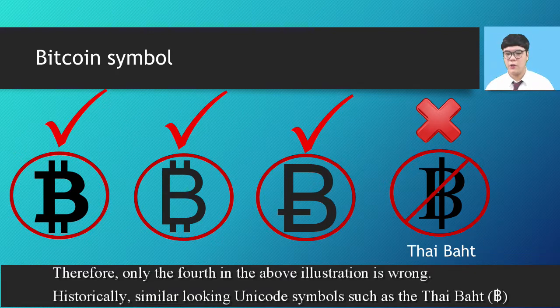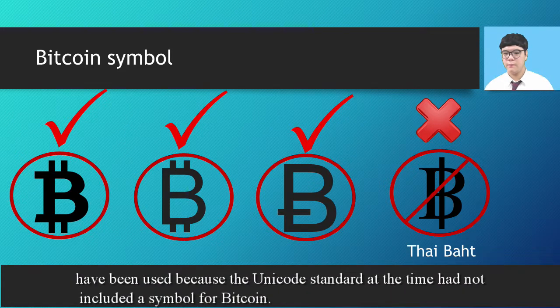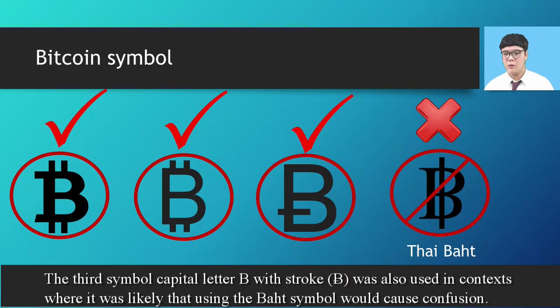Historically, similar looking Unicode symbols such as the Thai baht have been used because the Unicode standard at the time had not included a symbol for Bitcoin. The third symbol, capital letter B with a stroke, was also used in contexts where it was likely that using the baht symbol would cause confusion.